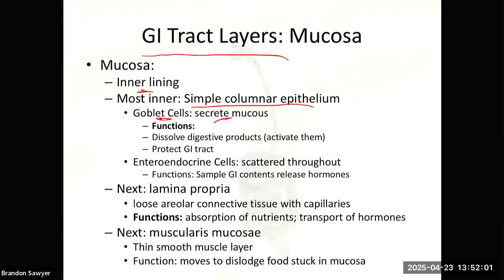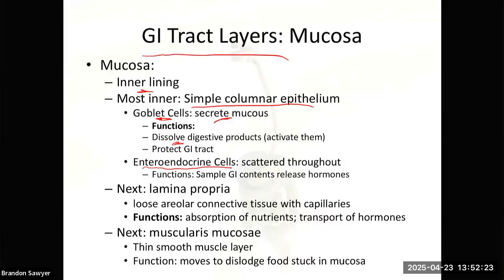Yeah, so the function there, the mucus is going to help to dissolve products, so then we can have enzymes interact with them to help break them down. Okay, and then we also have enteroendocrine cells here. Enteroendocrine cells are cells that are endocrine, so that means they release things into the blood, right?